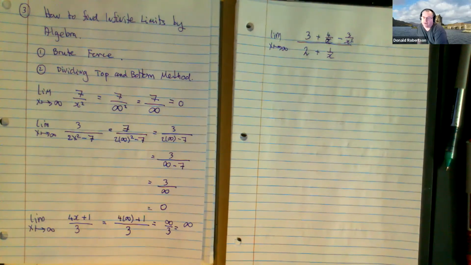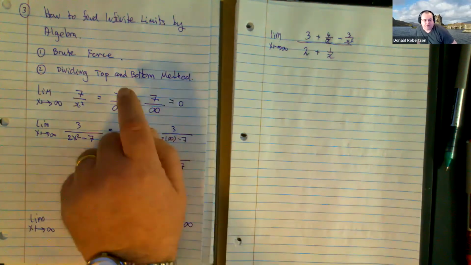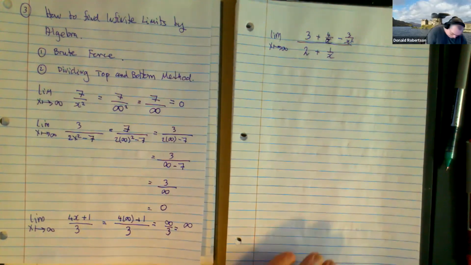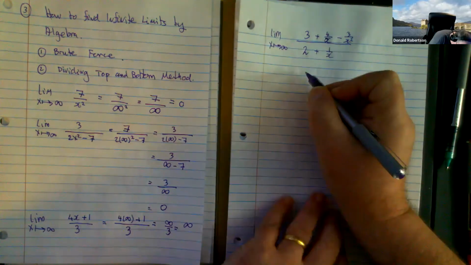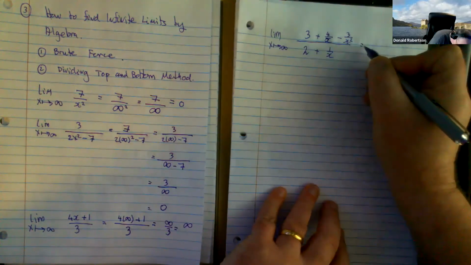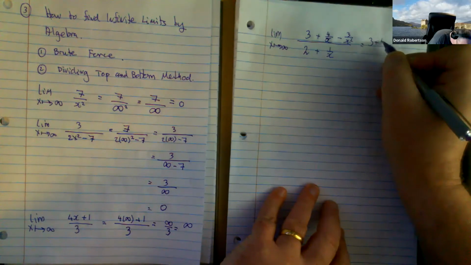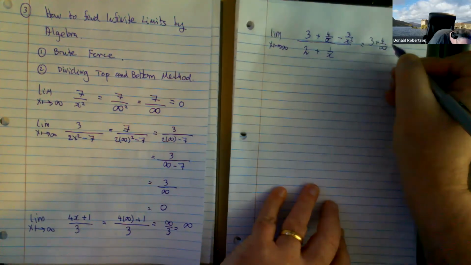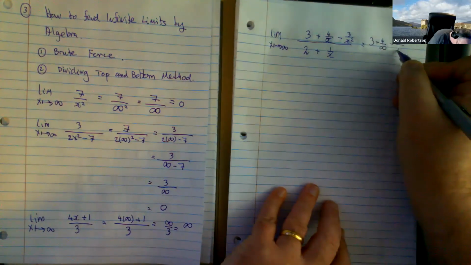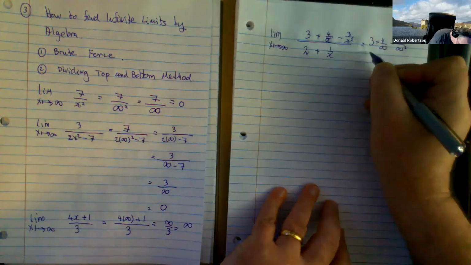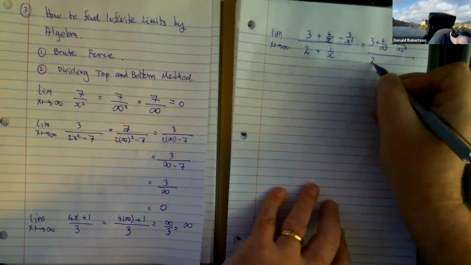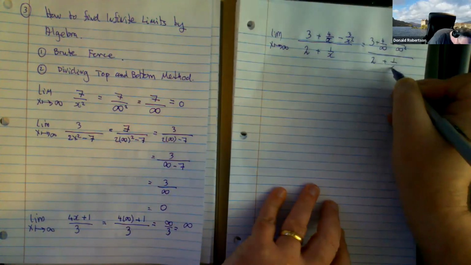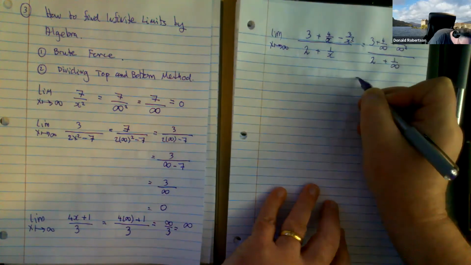A really weird looking fraction, but it's not that weird because it's going to happen a lot when we show you the dividing top and bottom method. So let's put in infinity and see where it goes. We get 3 plus 4 over infinity, take away 3 over infinity squared. And on the bottom, 2 plus 1 over infinity.